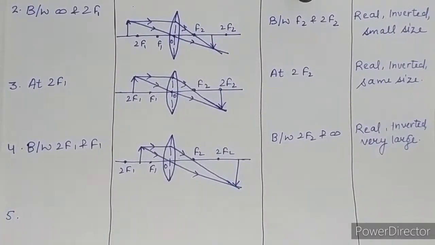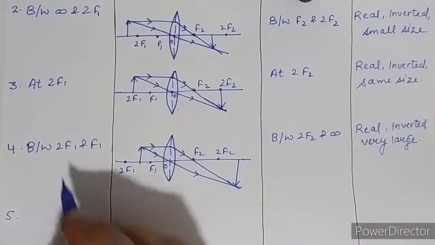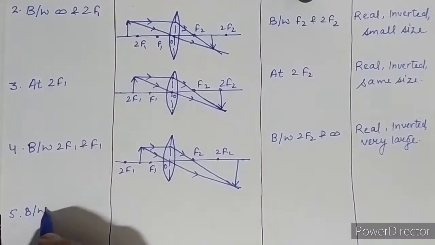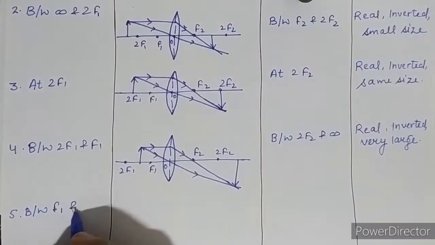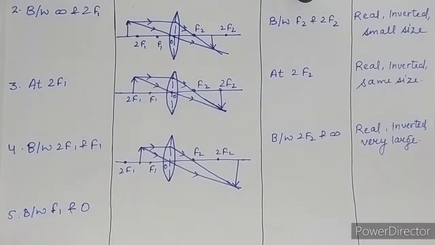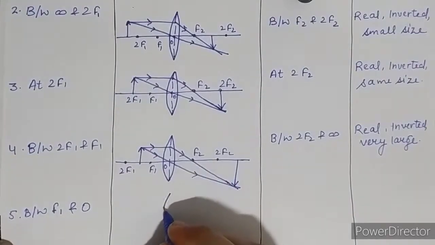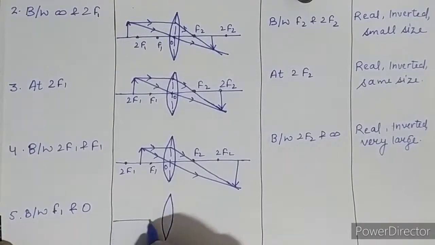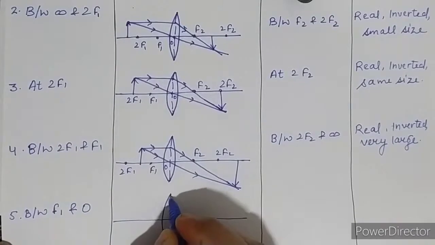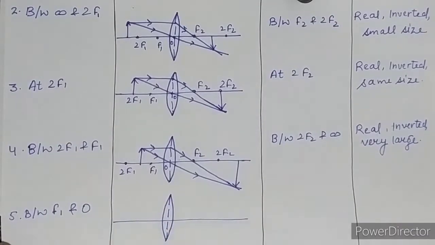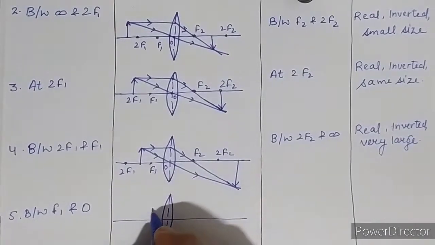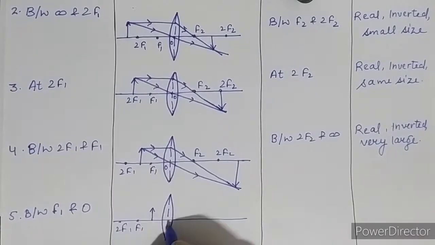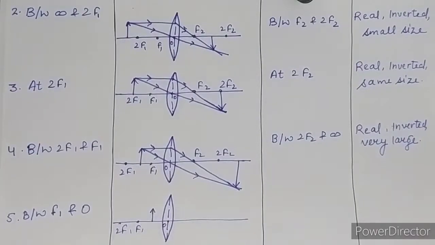Now the next one, fifth condition. In the fifth condition, the object is in between the focus and the optical center. So here is your convex lens, the principal axis, the separation. Now the object is in between f1 and the optical center.